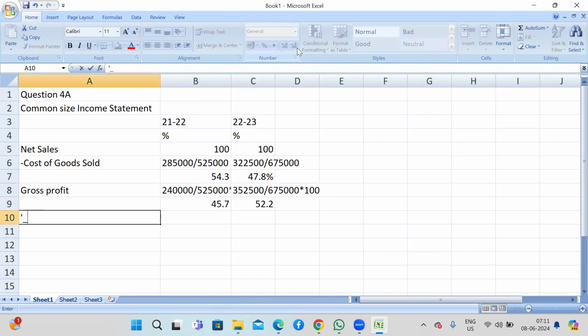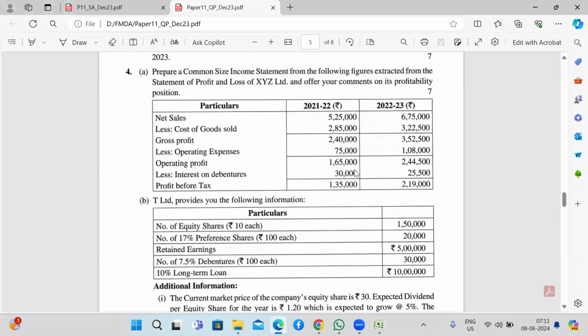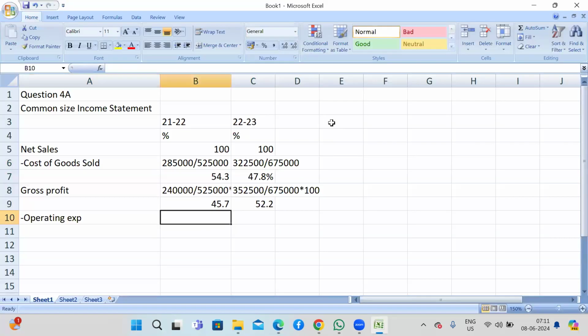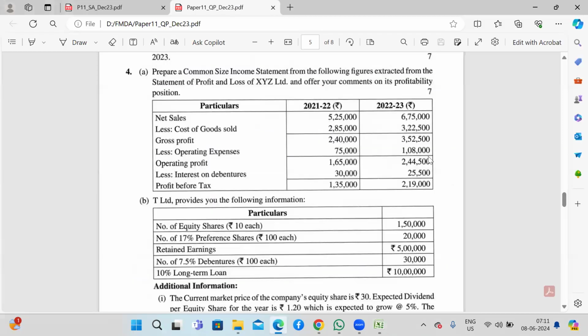Less operating expenses. So 165 divided by 525 again. So we are getting 31.4%.